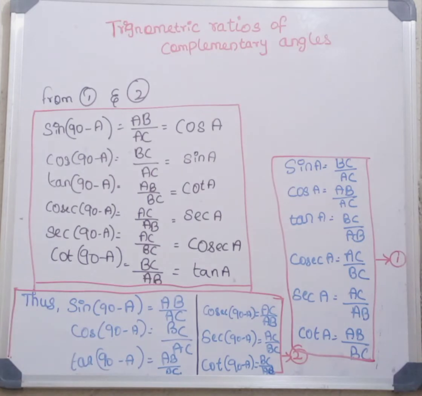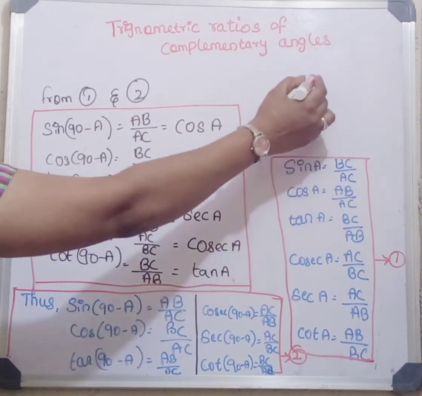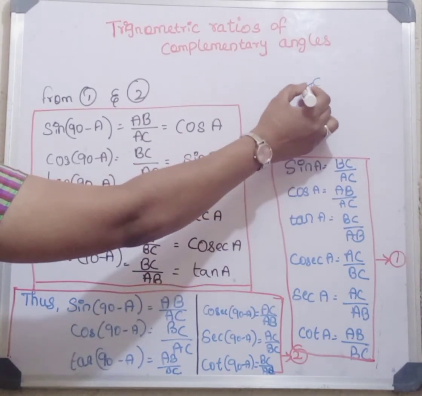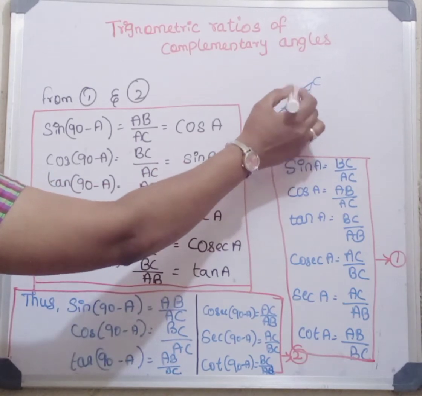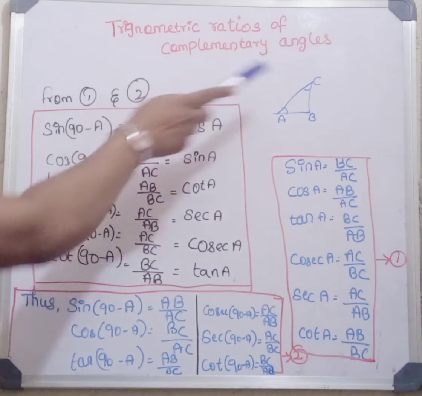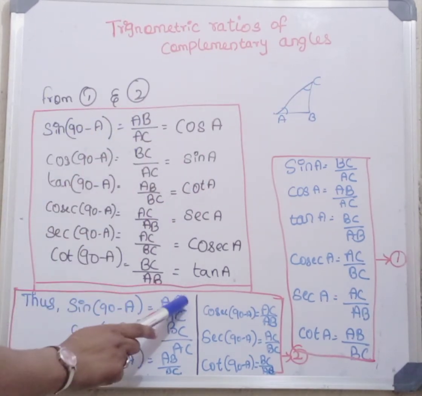Already I told you, in this triangle, C is complementary to A and A is complementary to C. So sin 90 minus A, that is sin C, is equal to AB by AC.